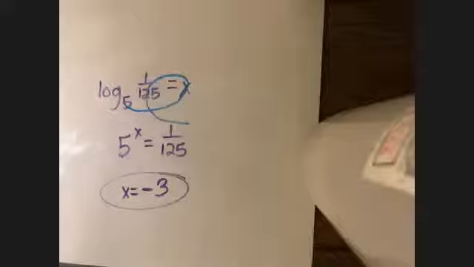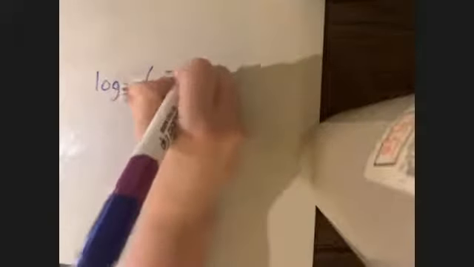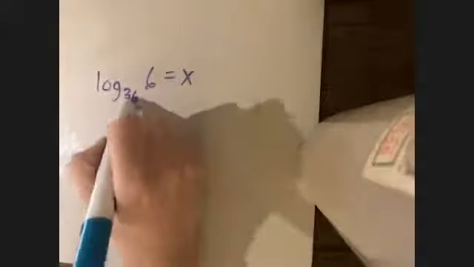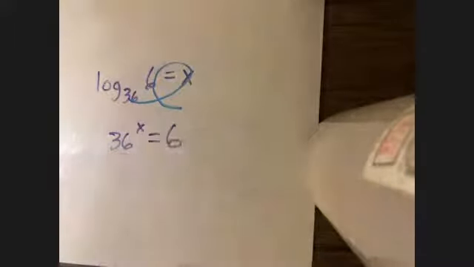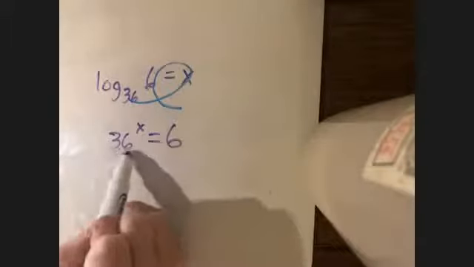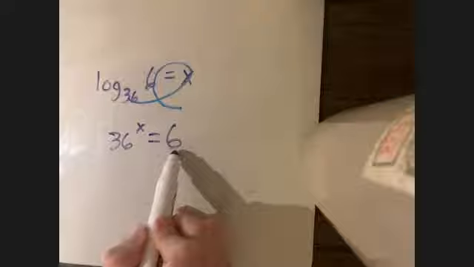So now I've got log base 36 of 6. And again, I'm going to put that it equals x, just so that I've got all my parts and pieces. Now with this one, guys, you are trying to take a base that is bigger down to one that is smaller, but it's not in a fraction.